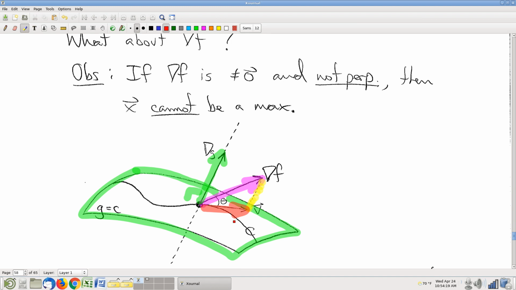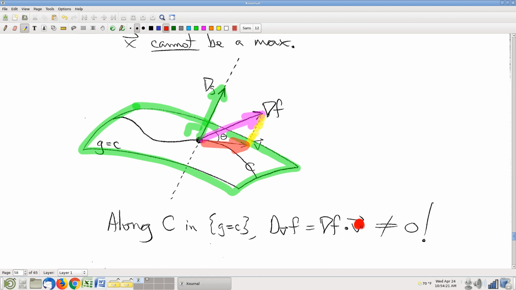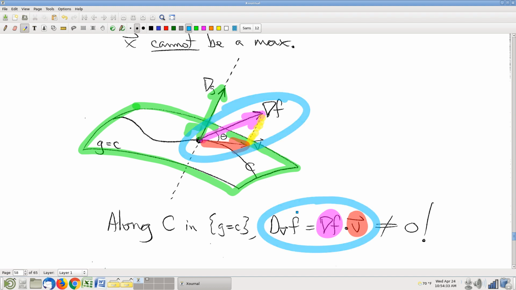And how is the function changing if you do that? Well, if you move in that direction, the dot product with the gradient is going to depend on the cosine of that angle. That angle, as I have it drawn anyway, is clearly an acute angle. This dot product's positive, and therefore the function is increasing. That couldn't possibly be a maximum because it's still going up.